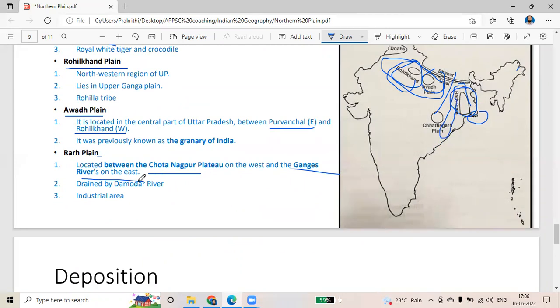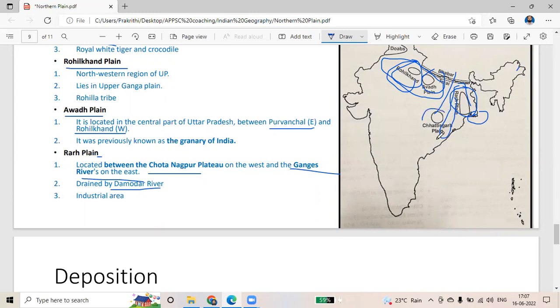Usually this area is drained by Damodar river है. हुगली रिवर के बारे में सुना होगा. And Hooghly is an industrial area. So this Rah plain is located at the same area. So this area is mainly for industrial activities, Rah plain.